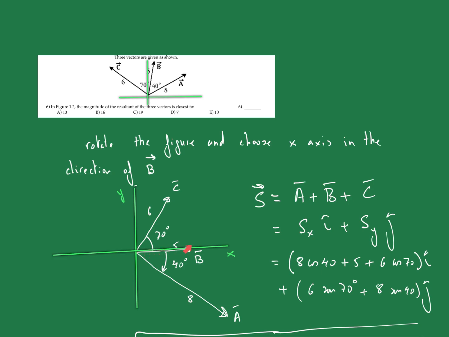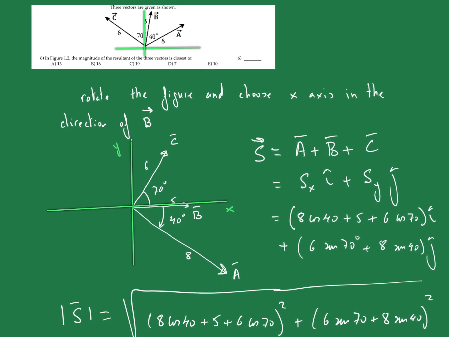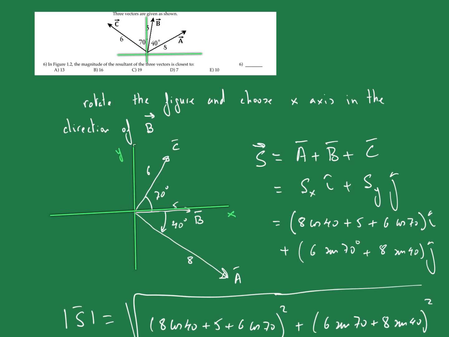This is the vector B, this is the vector C that makes an angle of 70 degrees up. And this is the vector A that makes an angle of minus 40 degrees, sorry, through the x-axis.